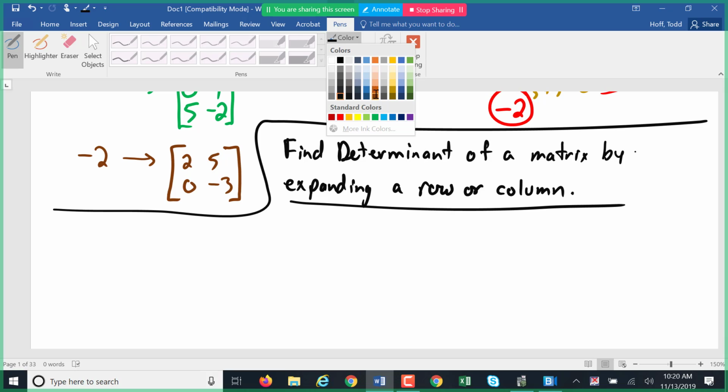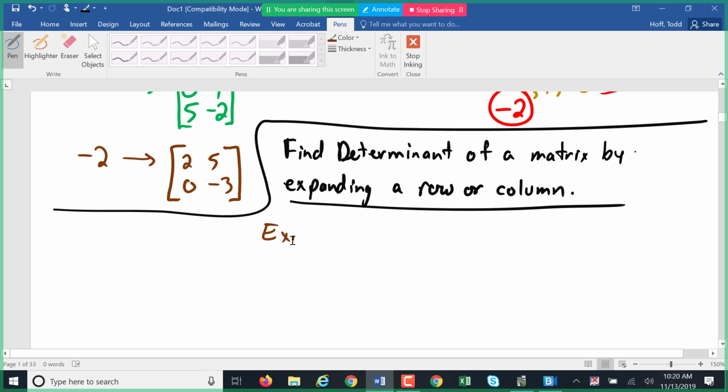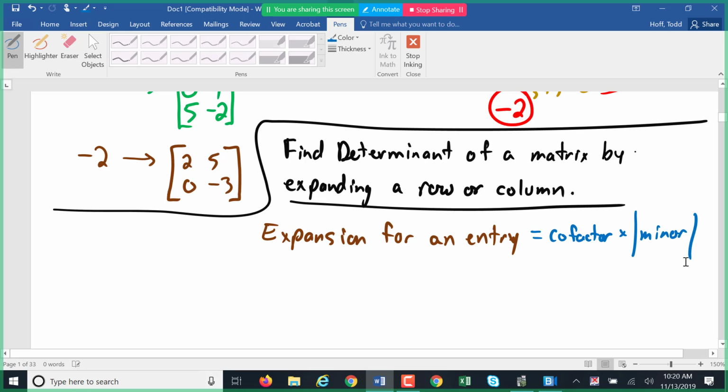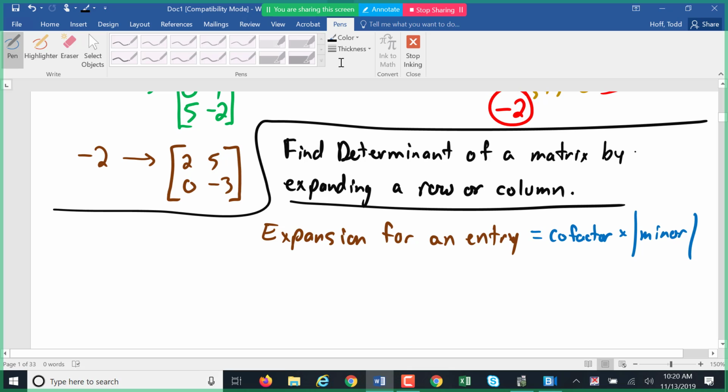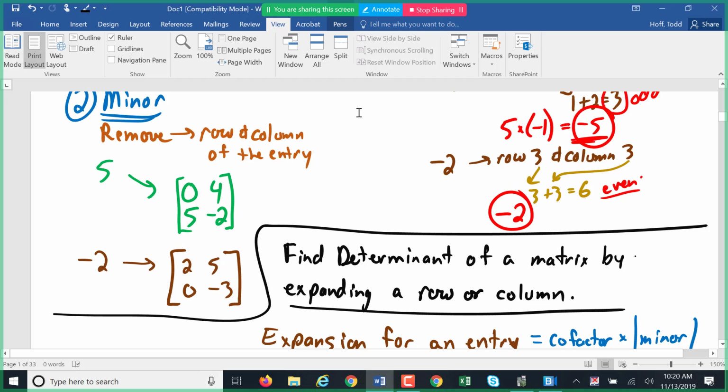The expansion for a single element, for a single entry, is equal to its cofactor times the determinant of its minor. So what that means is if I have a row or a column that has a lot of zeros in it, I should pick that one because its cofactor is going to be 0.